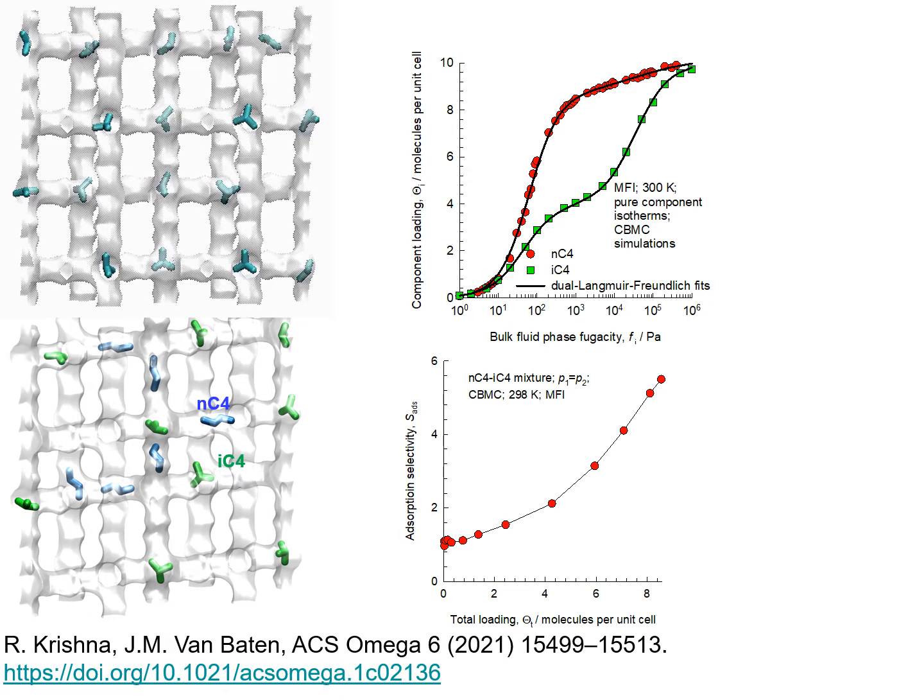Within MFI, the isobutane molecules prefer to locate at the channel intersections because they have a freedom to also rotate at the intersections, and this freedom is lost if the isobutane molecules are forced to occupy channel locations. The normal butane molecule has no difficulty in aligning itself along the straight channels or along the zigzag channels.